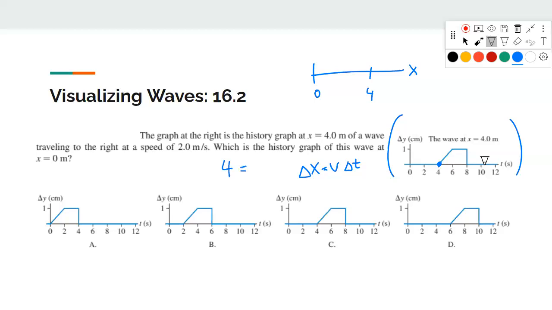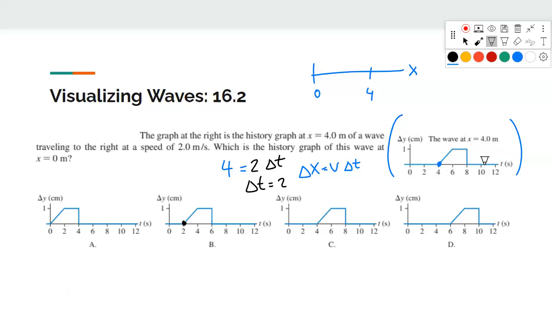And if it were traveling at a velocity of 2 meters per second, then v would be 2. And we're just solving for delta t. So we see that this occurred 2 seconds earlier. So instead of beginning at position 4, we know that our pulse hits point 0 at time 2.